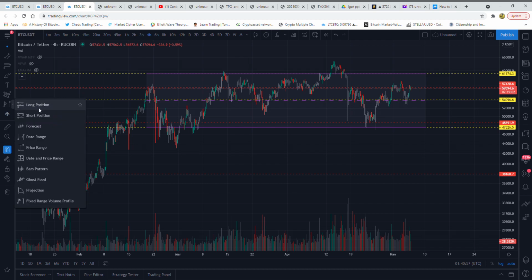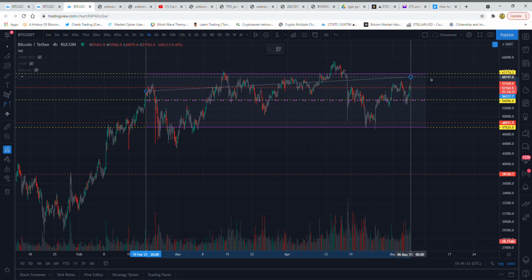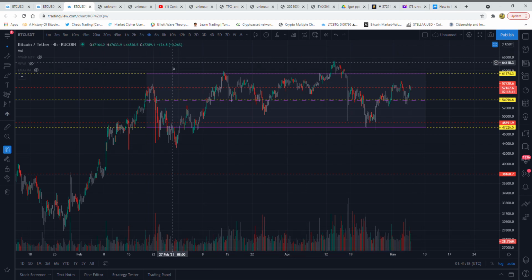You double click and you have all these other tools here. You go to fixed range volume profile. So you click this one and let's say you start from here where we established this range all the way to the present time. It doesn't want to show me this one either. I have no idea what is wrong with TradingView today.